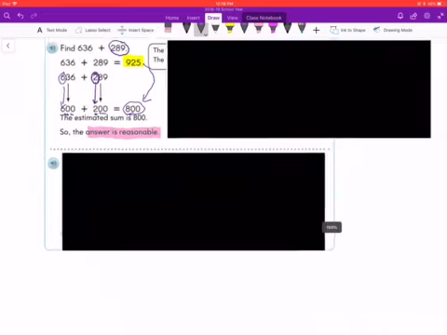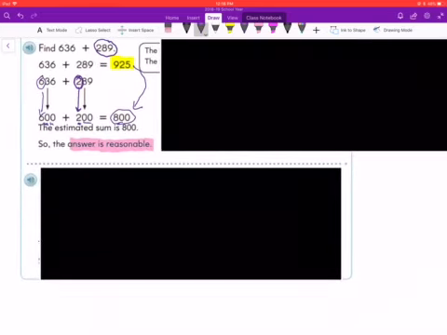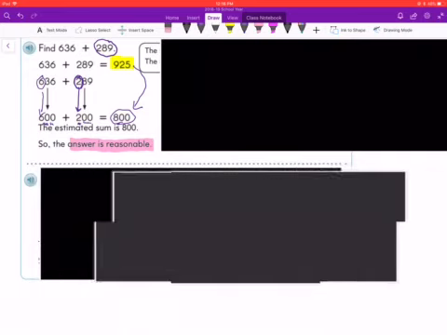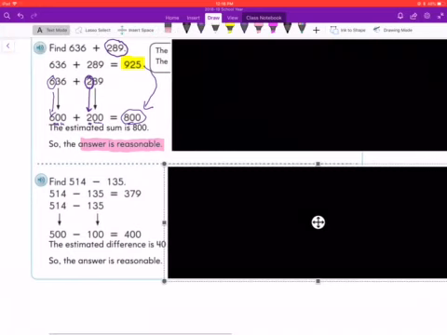Let's do one last one, where we're going to check the difference of a problem. Now I'm going to find 514 take away 135. The actual answer is 379. I want to check the reasonableness of this, so I do front-end estimation.